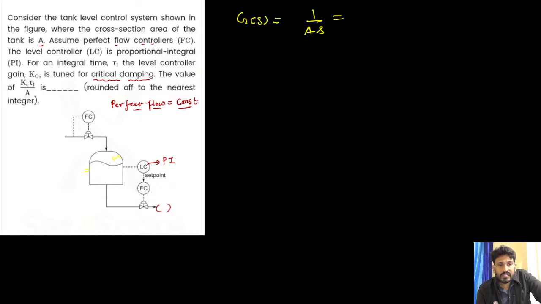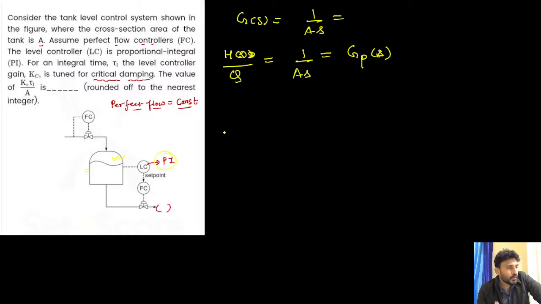So what is the transfer function? Transfer function is output, which is the height being maintained, divided by the discharge flow rate, equal to 1 divided by As. This is my process transfer function. PI controller is here. Are we able to write the PI controller transfer function? Are we able to calculate the PI transfer function, guys? बोलिएगा.